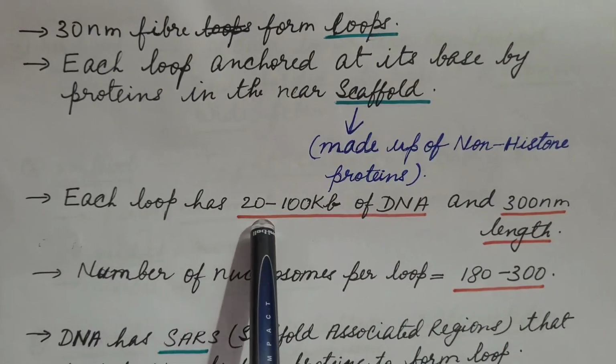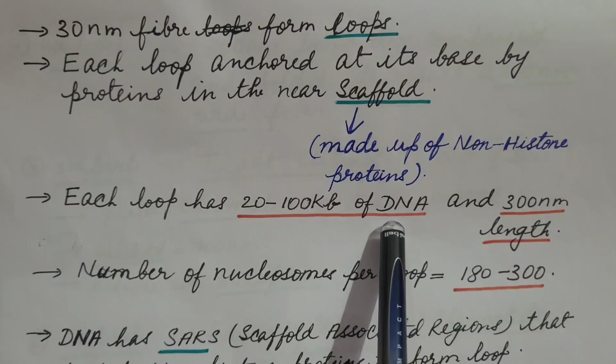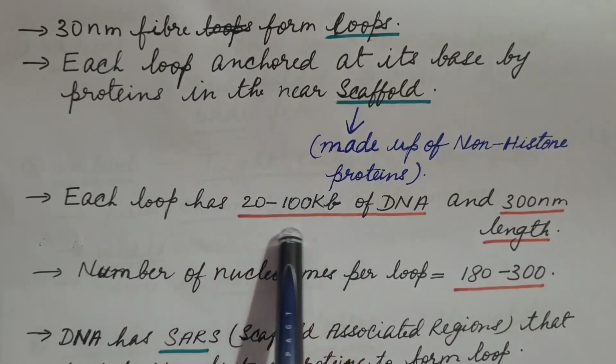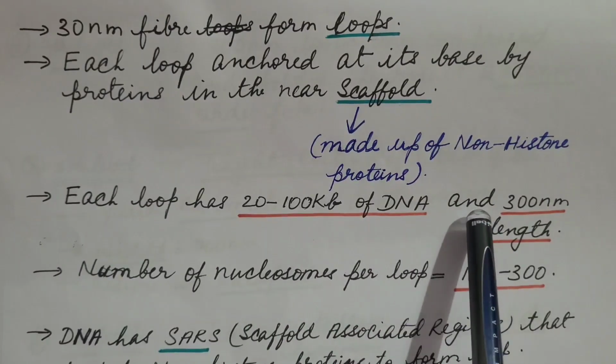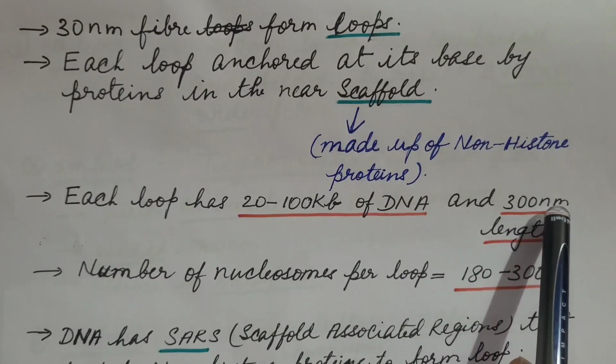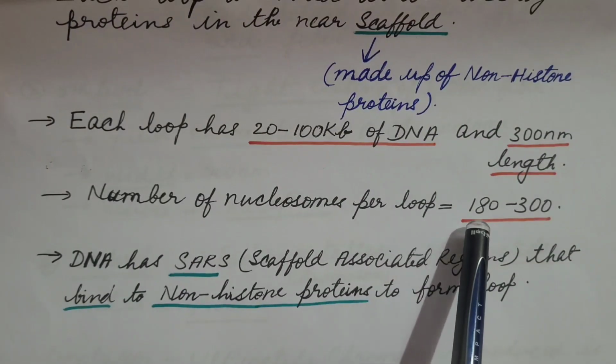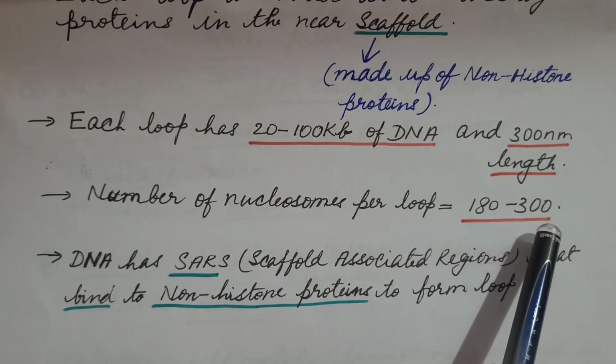Each loop has 20 to 100 kilobase pair of DNA, and the length of each loop is 300 nanometer. The number of nucleosomes per loop is 180 to 300.